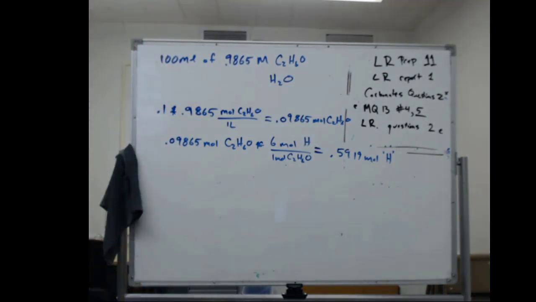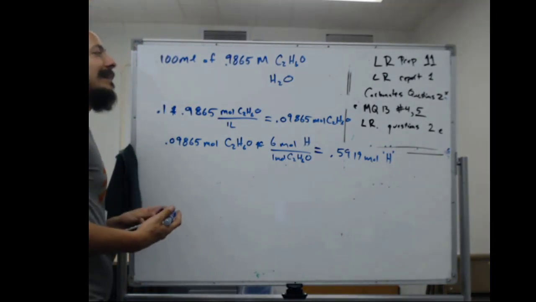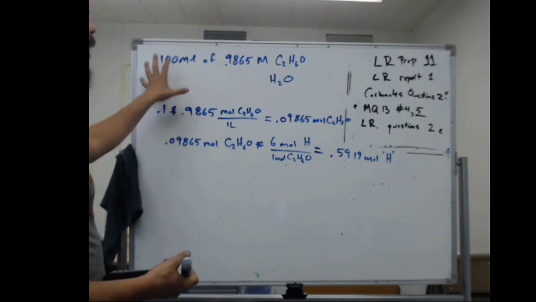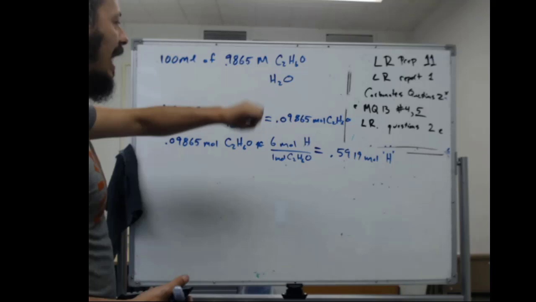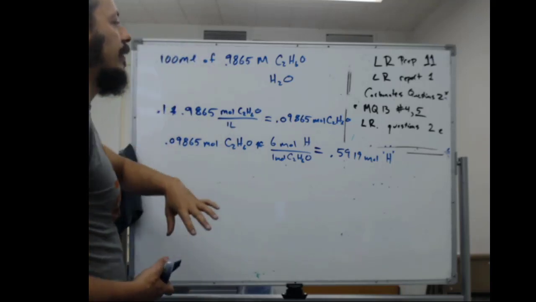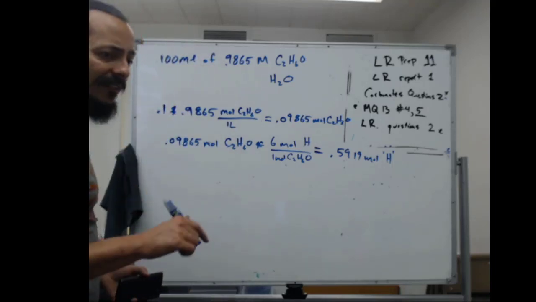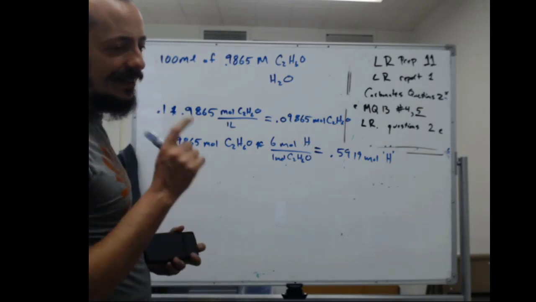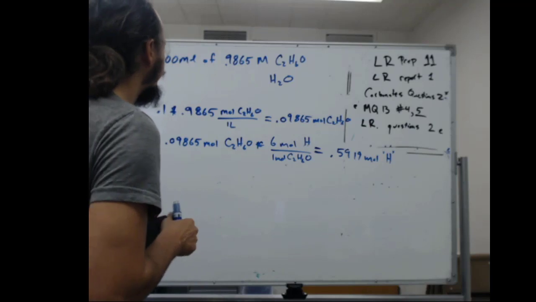Great. Now, how are we going to get at that idea of the water? What amount of this 100 milliliters is the ethanol? What amount of this 100 milliliters is the water? And that's where that density piece comes in. And as soon as I saw that they gave you density, I was like, oh, they got a trick in mind.